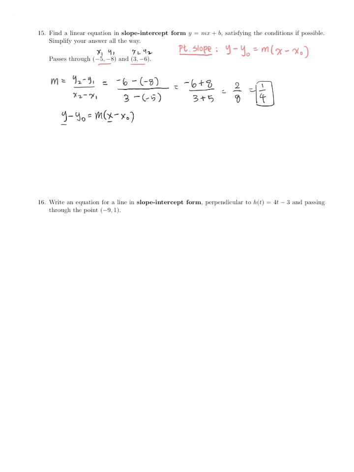You don't plug any values in there. They stay as an x and a y. So y minus, I'm going to pick y2, so you're going to have negative 6, equals m, which is 1/4, times x minus 3. Now all you have to do is solve for y from here to get the slope-intercept form.